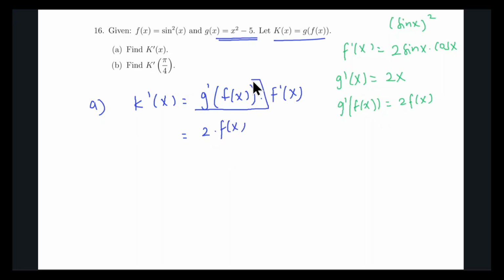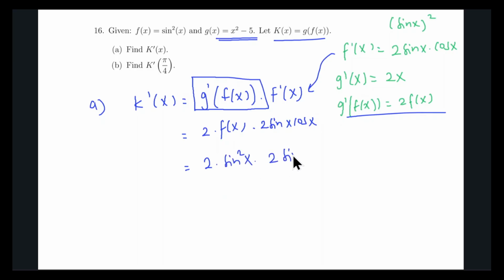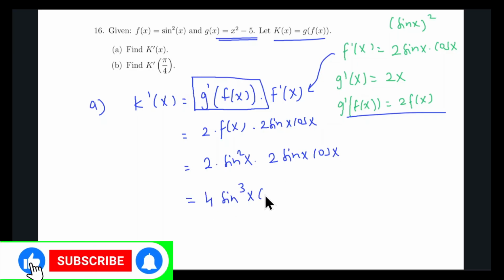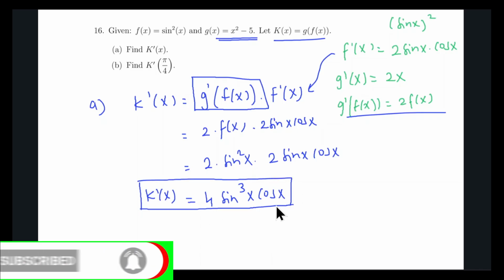I just replaced this g prime of f(x) by 2f(x), and then f prime x by 2 sine x cos x. That's basically what I'm borrowing from here. And f(x) is sine squared x. So 2 times sine squared x times 2 sine x cos x. 2 times 2 is 4, sine squared x times sine x is sine cubed x, and cos x is just as it is. So k prime x is this.